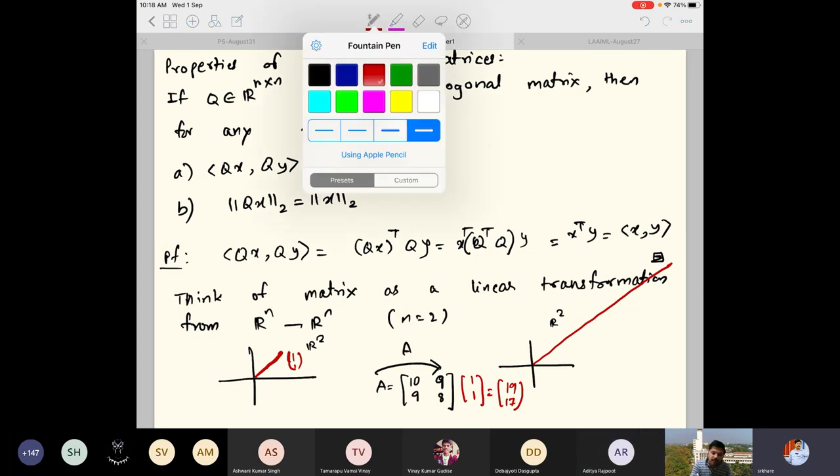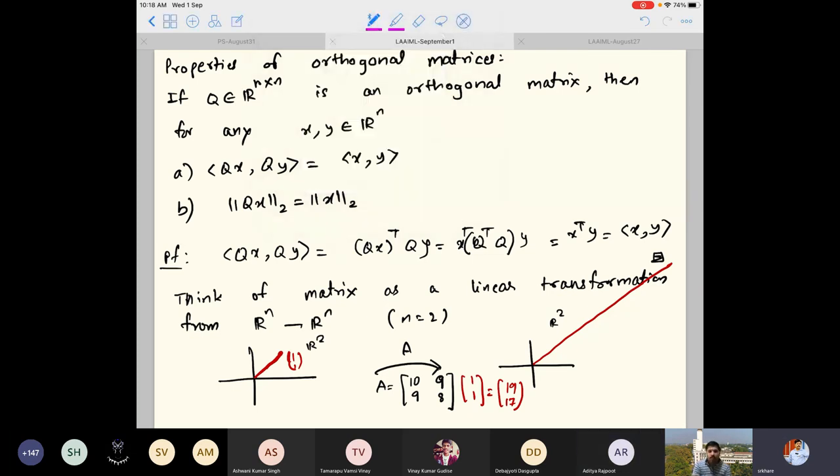Now what happens to the vector (-1, 1)? The pink vector. Applying A, it goes to (-1, -1).